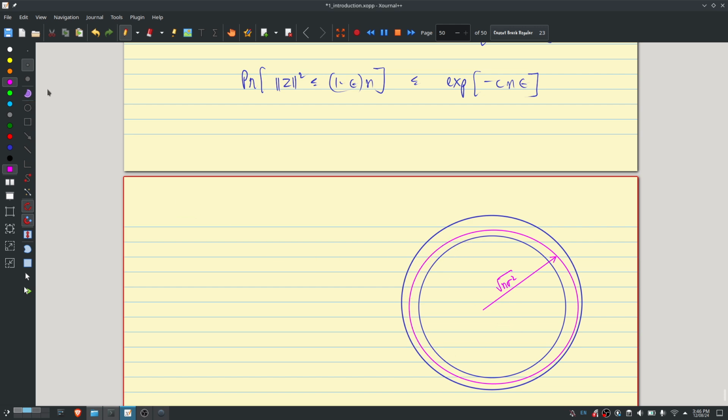The inner ball is a ball of radius square root n sigma square into 1 minus epsilon, and the outer ball has radius square root n sigma square into 1 plus epsilon.